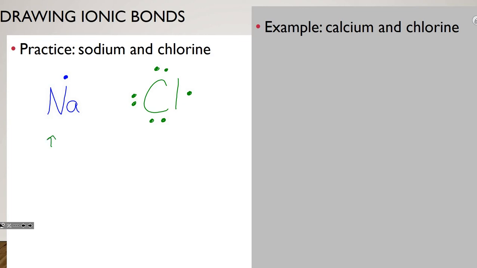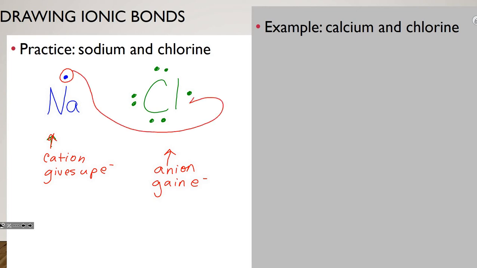Cation, because it gives up electrons. What's this one going to be called? Anion. Good. Because why? Gains electrons. Good. So I'm going to be actually showing this electron with that color moving over to here.